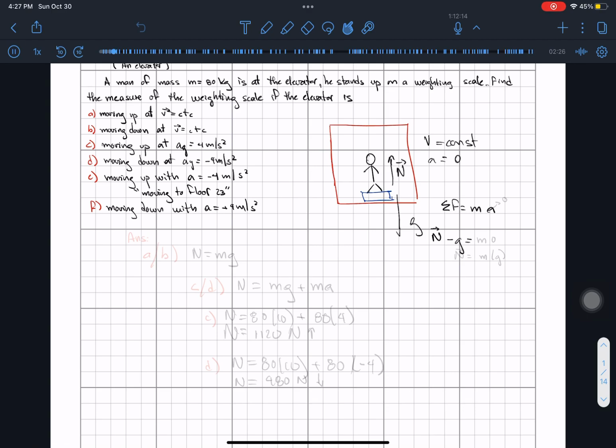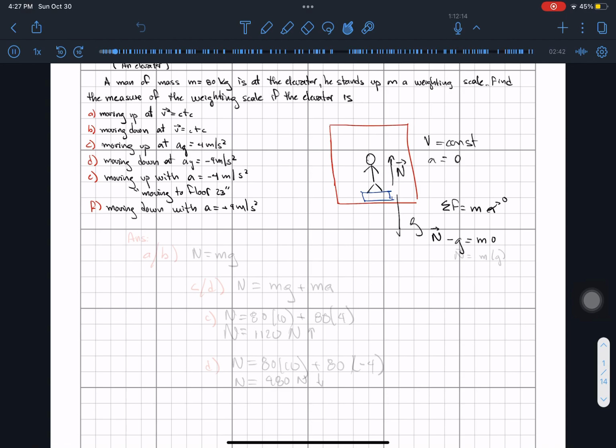And we know the mass of the person, and as we said, the velocity is constant and therefore the acceleration is going to be equal to 0.